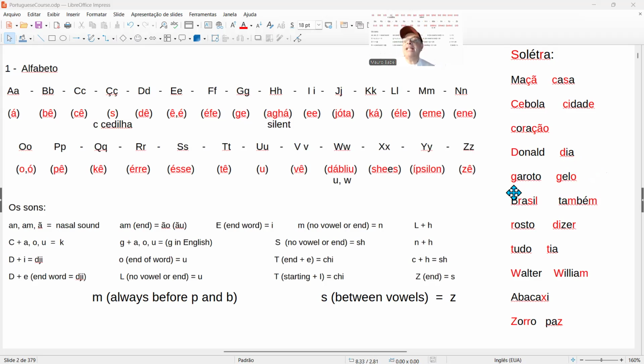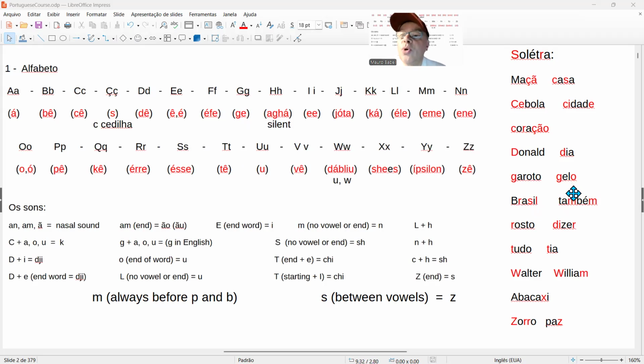And here, the letter is G. Look here, this one first. The letter is G, so the original sound is G. If it's followed by an E or I, it's the original sound, G. Gelo.